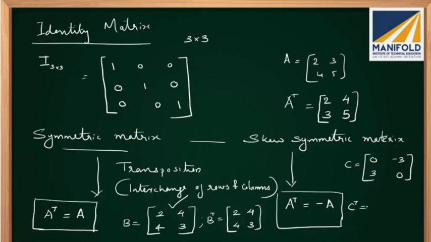C transpose: I take the first column, 0, 3, and write it as a row. I take the second column, minus 3, 0, and write it as a row. Now you can see if I multiply all elements of this C matrix by minus 1, 0 will remain the same, minus 3 becomes plus 3 and plus 3 becomes minus 3, which means my condition C transpose equal to minus C is obeyed. Naturally, this is a skew symmetric matrix.